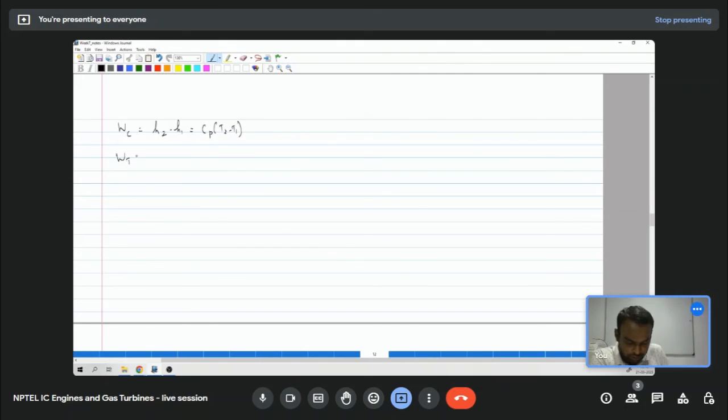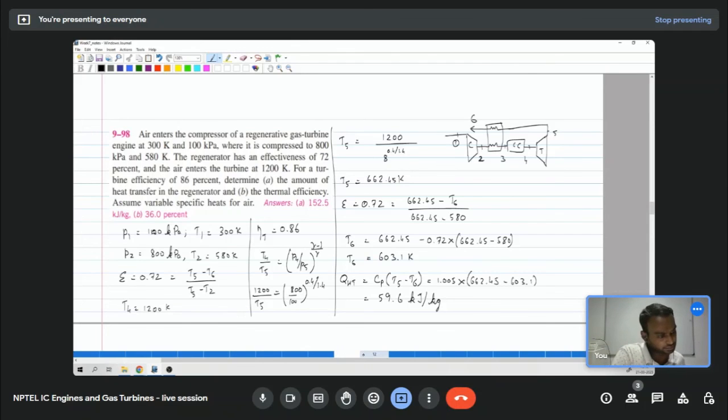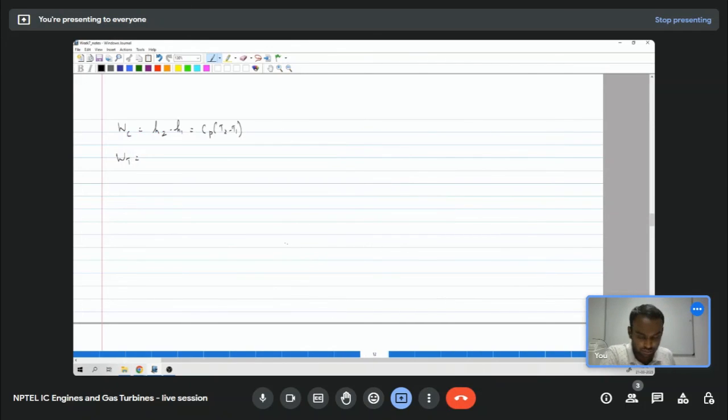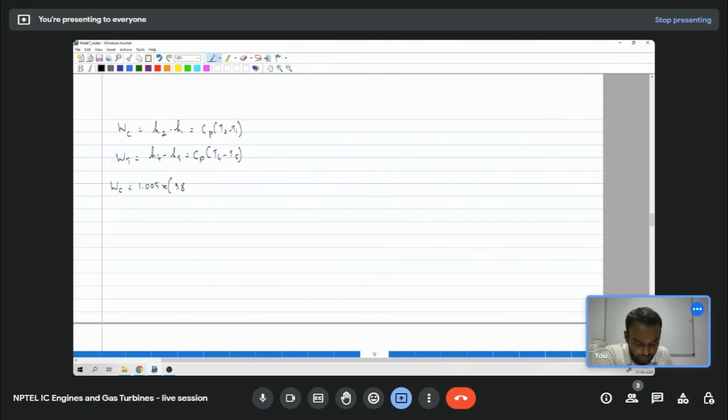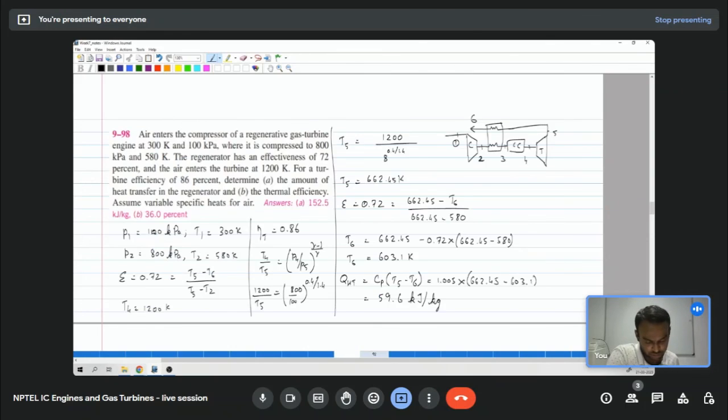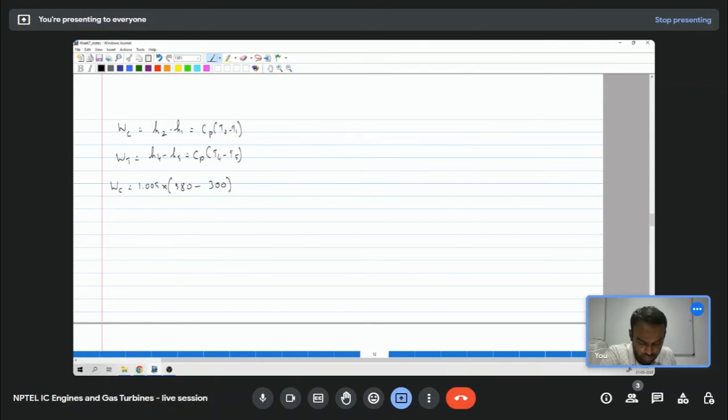Similarly, turbine work is H4 minus H5, which is Cp into (T4 minus T5). So for the compressor we have 1.005 into (580 minus 300).